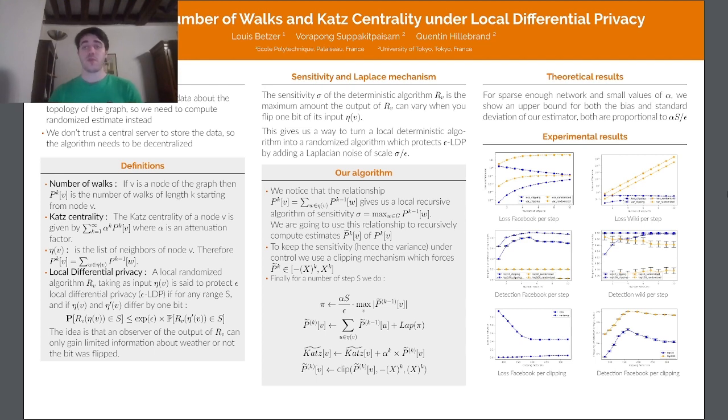We have managed to prove some theoretical results, whereas the proof was too long to include in this presentation. But to summarize, we prove that for a sparse enough network and for small enough values of alpha, we show an upper bound for both the bias and the standard deviation of our estimators, and both are proportional to alpha times the number of steps divided by epsilon, the privacy budget.